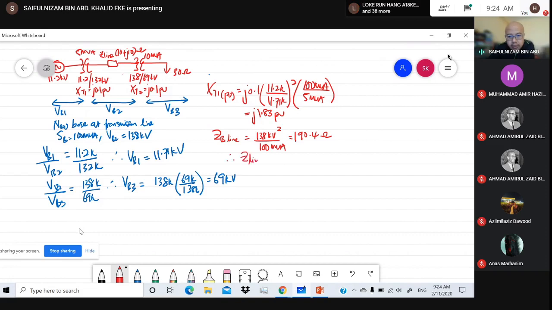Then Z line per unit, the actual value divided by base. So what do you get?